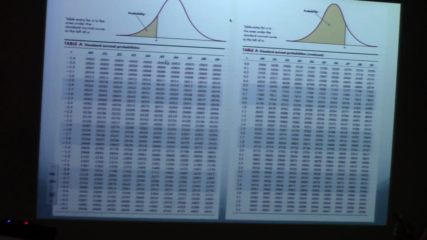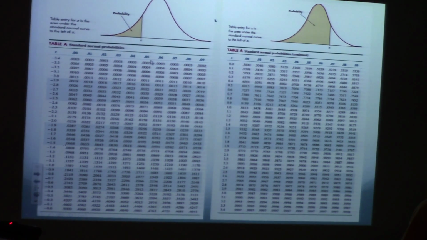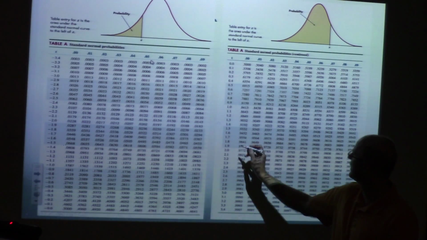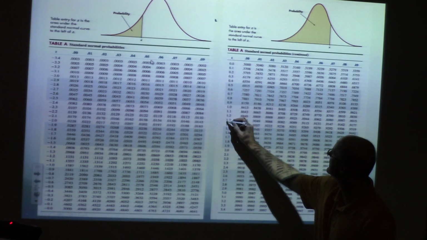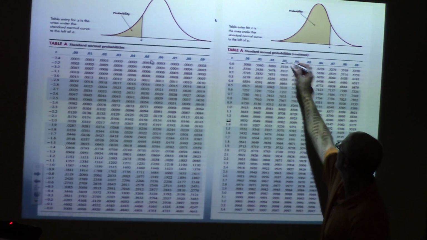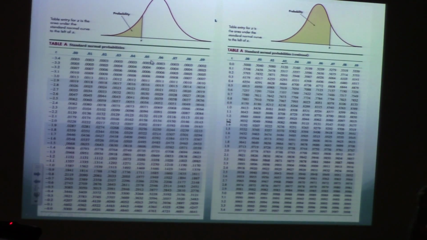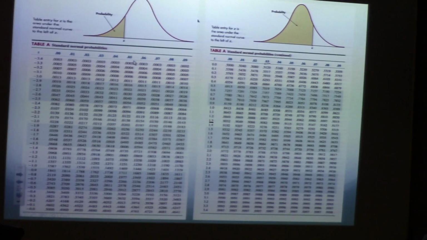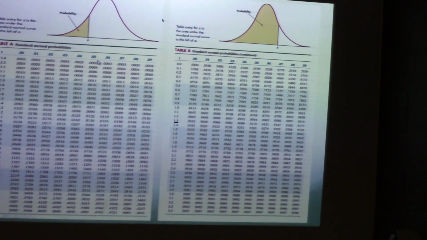How to use the table. There's two z's this time. The one on the right was 1.33, so look for 1.3 and then a 0.03 for the 100th spot. See both of those? You see those in your table?